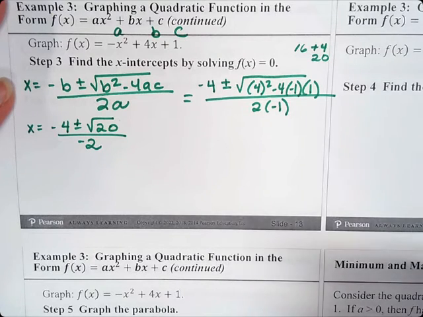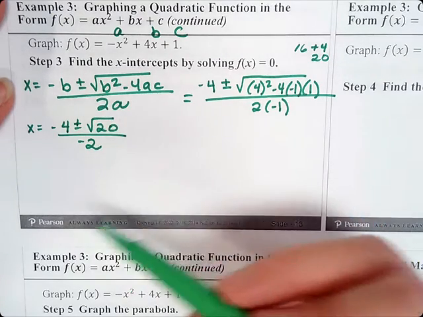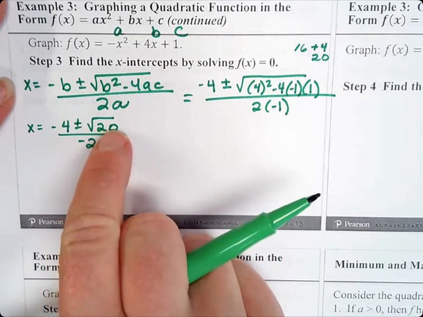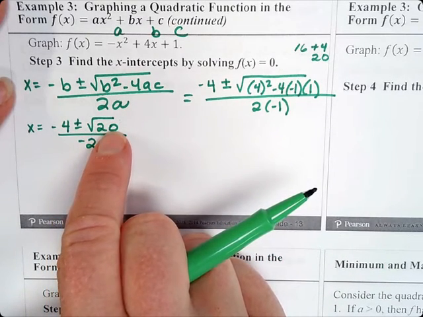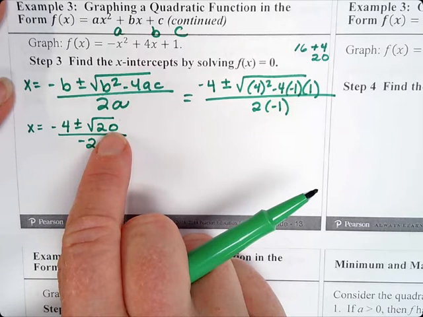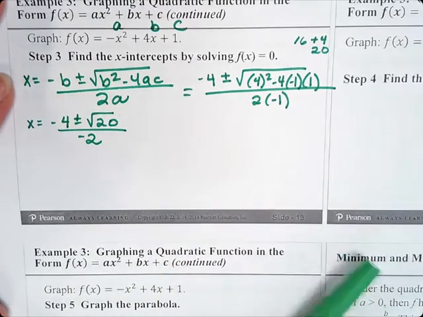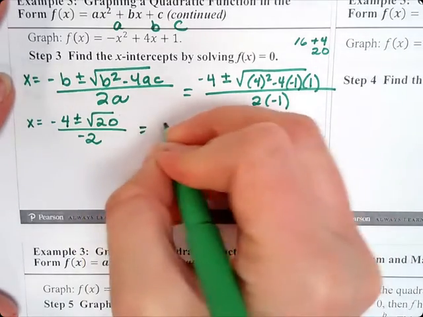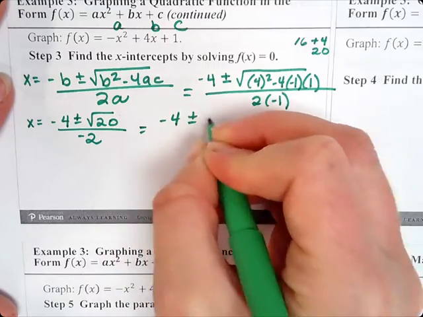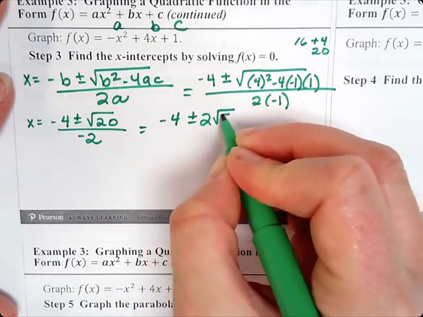And we know it's not going to be a whole number because that square root of 20 doesn't reduce to a constant. It's like 2 square roots of 5. So I'm not going to worry about doing that. So, well, I guess we could. It'd be negative 4 plus or minus 2 square roots of 5.